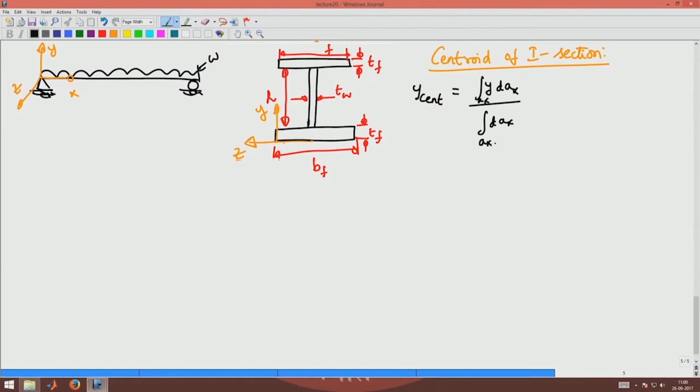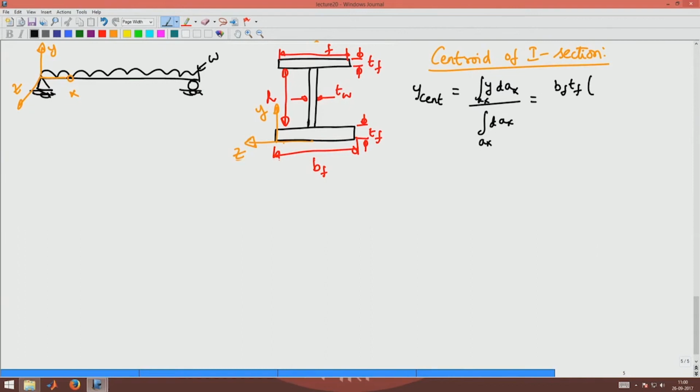I can divide it into 3 zones, one for the bottom flange, one for the web, and the other for the top flange. So, basically I write it as Bf into Tf into the centroid of this, which would be Tf by 2.